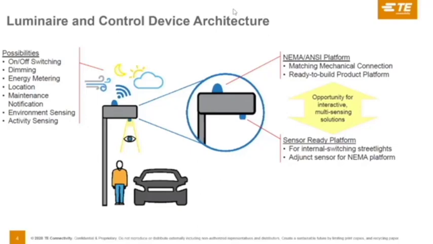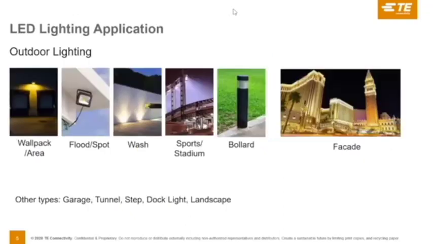Now, closer to home, we think about the lighting applications that we may well see in the buildings that we work in or in our homes in particular. It could be wall packs on a building. It could be a flood spot lamp that we may even have on our home. It could be the lighting in sports stadiums that we attend for recreation and entertainment.